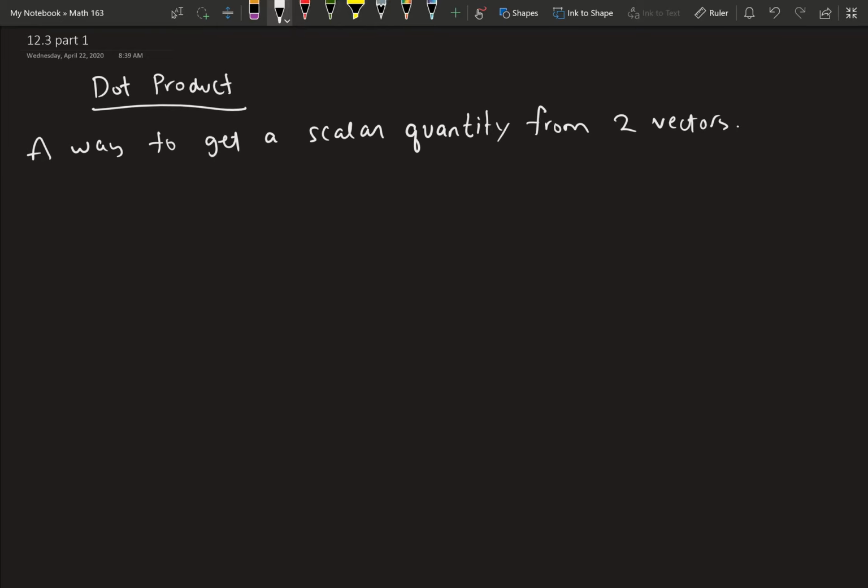Now recall that you really can't do, I'll call it, the usual multiplication of vectors. But you can take what's called the dot product.